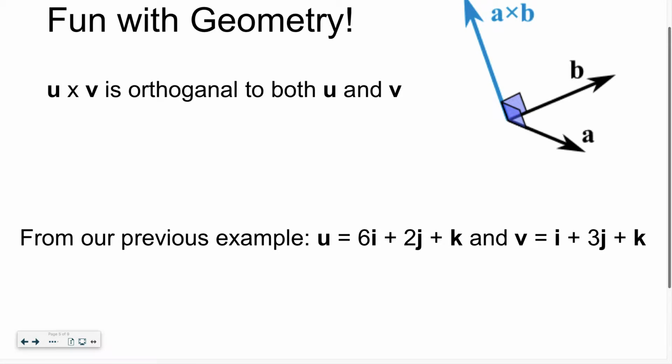So let's go back to our previous example. We have these two, right? Riley S., what was our cross product, U cross V? Negative i, negative 5j plus 16k.